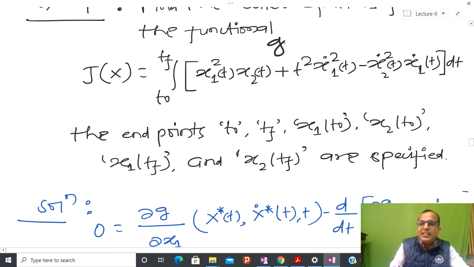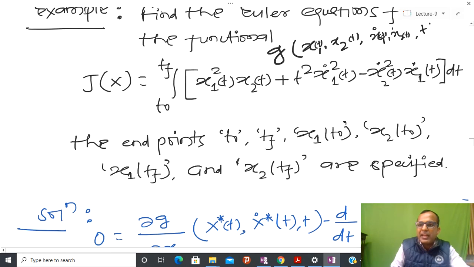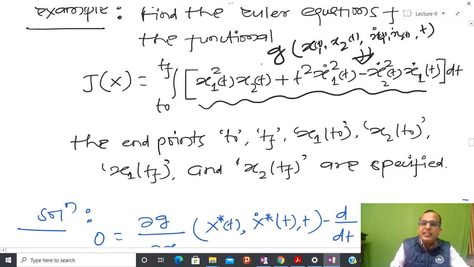So z is now g, and I can write it like this: x1, x2, which are functions of time, x1 dot and x2 dot, again functions of time, and after that I have time t. This is the definition of the quantity inside the integral, and after that the integral from t0 to tf.